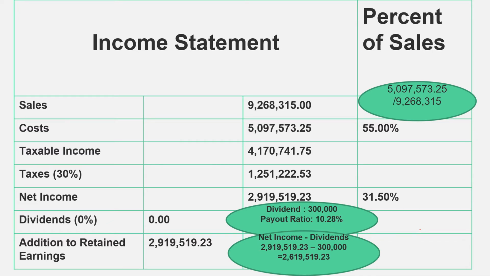Again, if there is a dividend payout ratio, all we have to do is deduct our dividends from net income, and that will be our addition to retained earnings. But if there is no dividend payout ratio or the company is not paying dividends, then all we have to do is copy the net income to retained earnings.